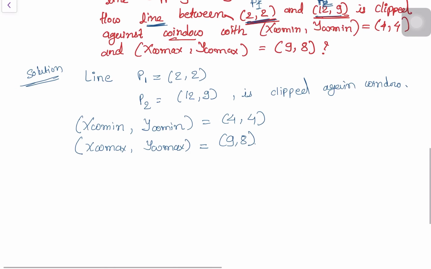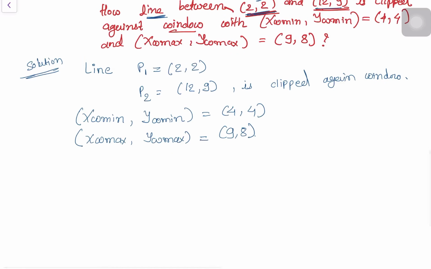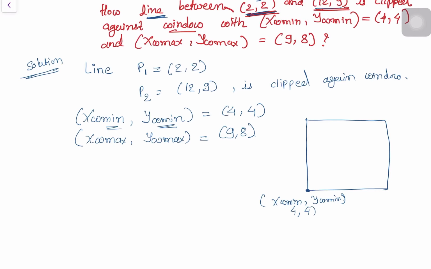So we have been given the window size, means xw minimum and yw minimum. So what will be the value of this point, that is xw minimum yw minimum is equal to 4 by 4, and this point is xw max comma yw max, right? And this will be 9 and 8.